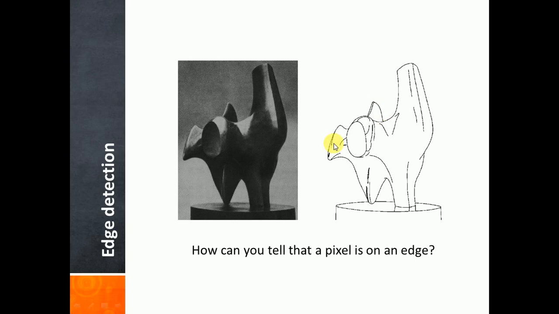Now, how can one really determine if a pixel is an edge? If you really think about it, as I move this cursor, the pixels over here have pretty much the same gray level, all of them are white.